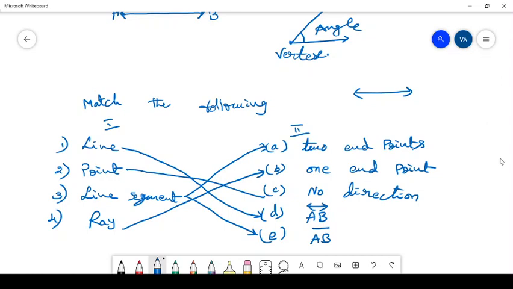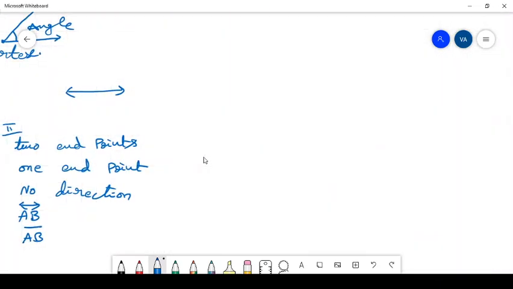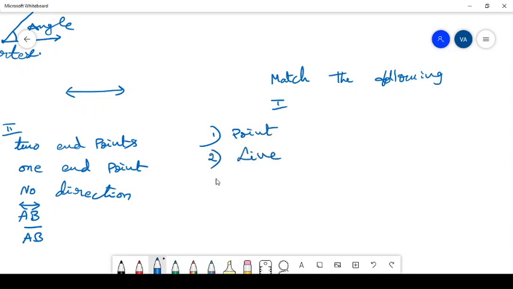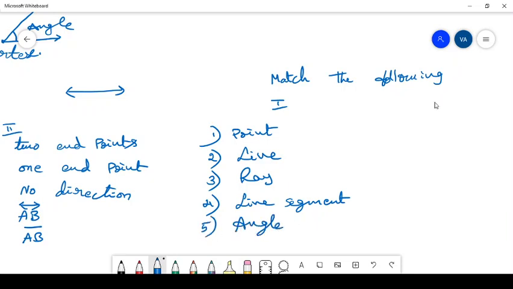ఓకే ఇట్లా మీరు ఇంకోటి ట్రై చేయండి. మ్యాచ్ ది ఫాలోయింగ్ చూద్దాం. వన్ మోర్ క్వశ్చన్. ఫస్ట్ సెట్ వచ్చేసి పాయింట్, నెక్స్ట్ లైన్, రే, నెక్స్ట్ లైన్ సెగ్మెంట్, అనదర్ వన్ యాంగిల్. సెట్ 2 చూద్దాం.